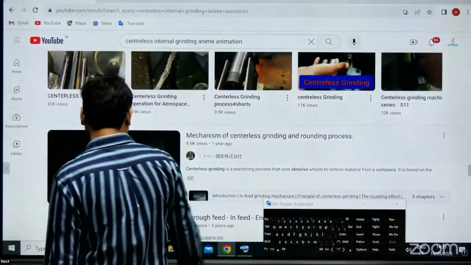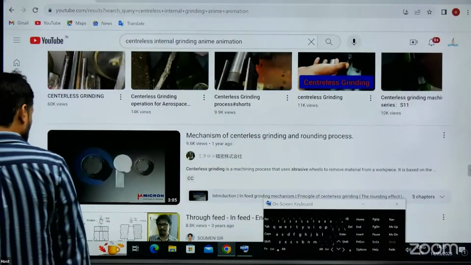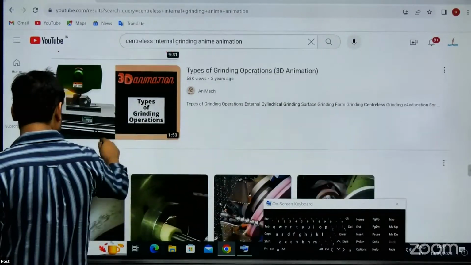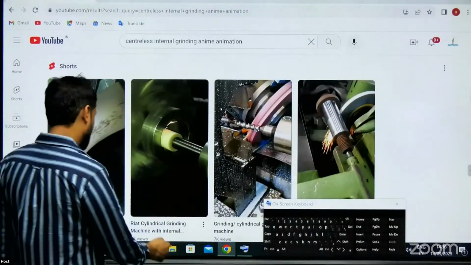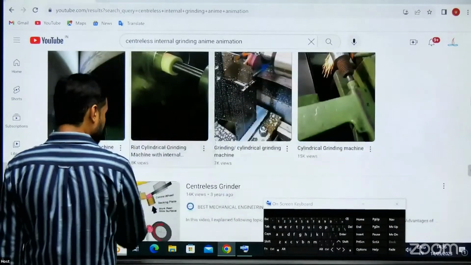You check if some real video is there. Centerless internal grinding is there. Why is it internal, not centerless?